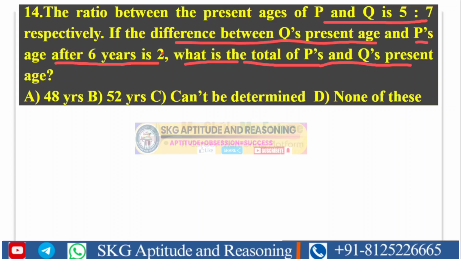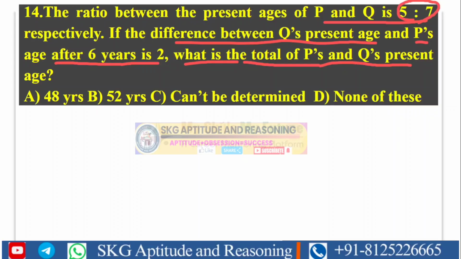Let us try to solve without going to the actual method. So what is the question asking? The total of P and Q present ages. In the question he already gave the ratio between the present ages of P and Q as 5 is to 7. So 5 and 7 will be equal to 12 parts.